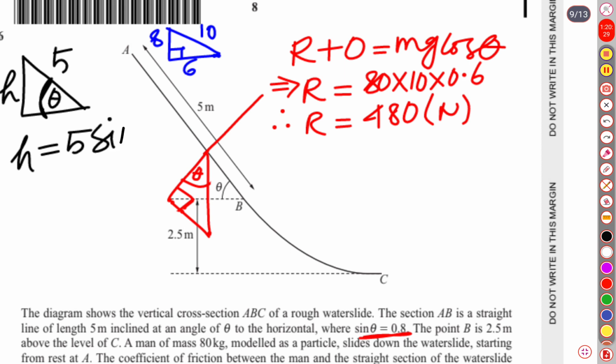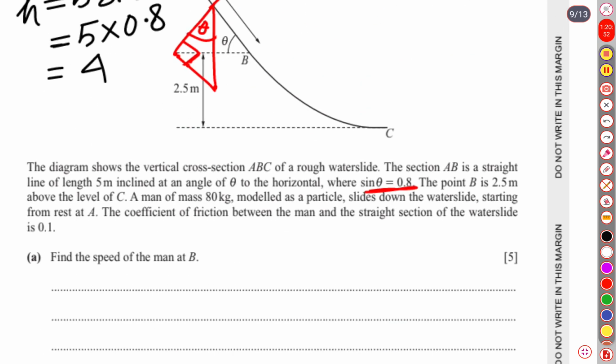And sine theta is given, sine theta is 0.8, so our height is going to be 4 meters. So we do have both the initial and final heights as well as the initial and final velocity. Final velocity is to be obtained and initial velocity is 0.